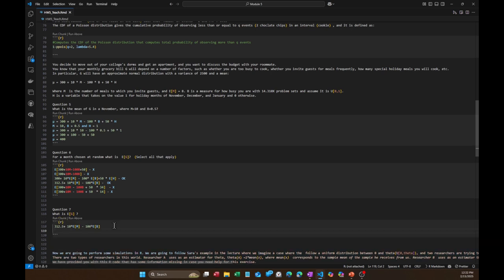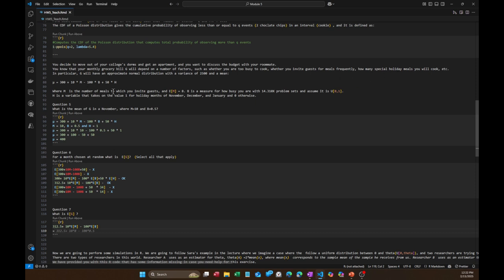When you quantify this, what is this equal to? Okay, what is the expectation of M? We know that the expectation of M is 8, and the expectation of B is mentioned here.